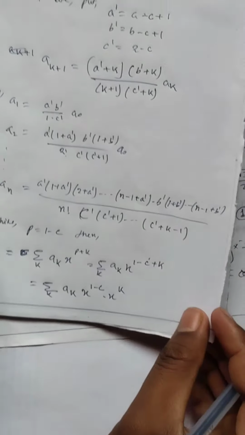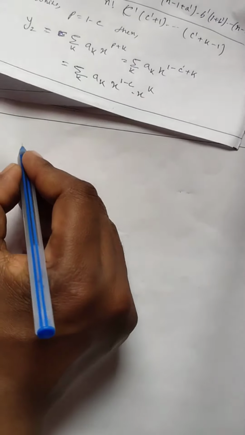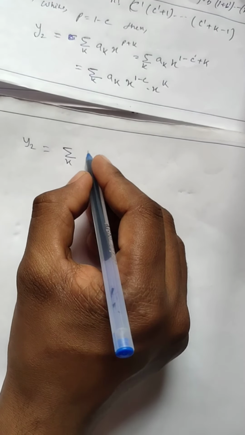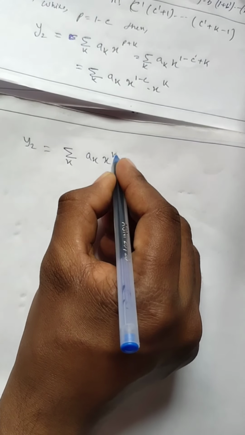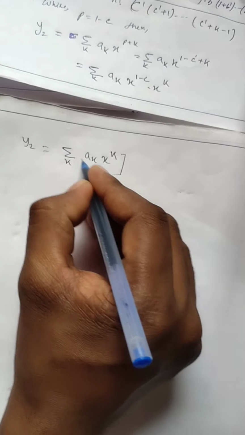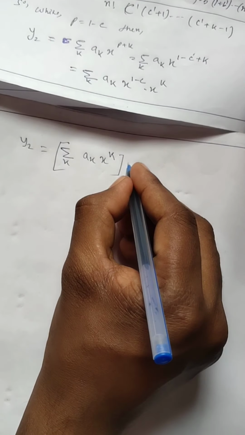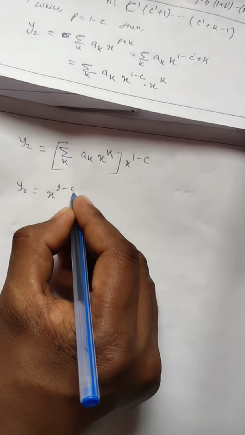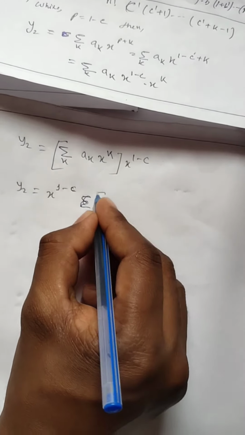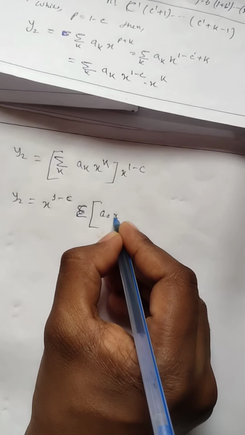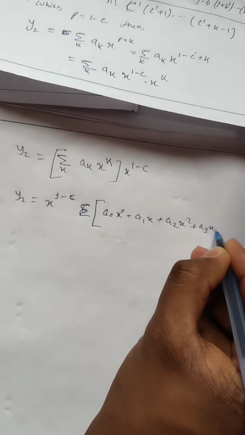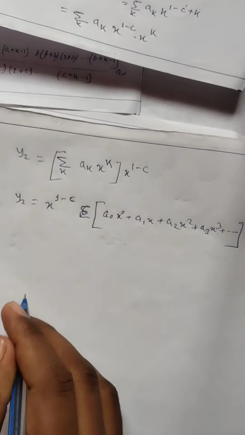So we can write y2 is equal to the sum of ak x to the power k, and this term x to the power 1 minus c will be common out. So we can write x to the power 1 minus c times a naught plus a1 x plus a2 x square plus a3 x cube up to infinity.